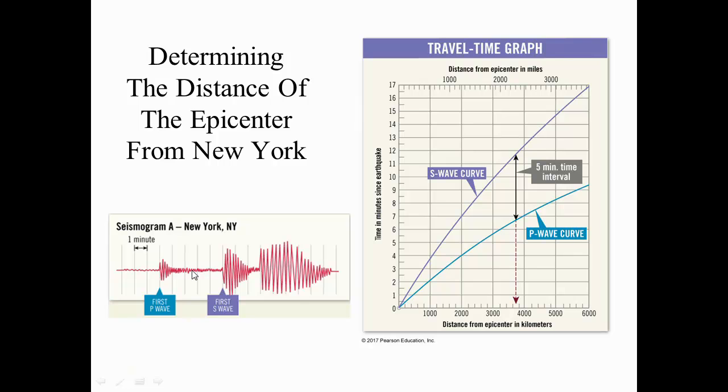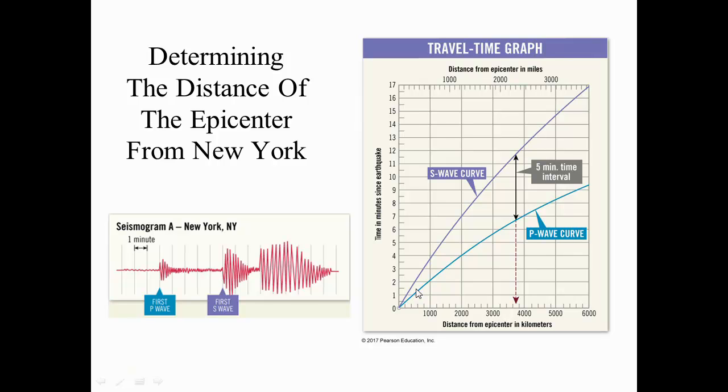And again, we can count off these intervals marked off by these vertical lines to measure the time between those two arrivals. So we have 1 minute, 2 minutes, 3 minutes, 4 minutes. So there's about a 5-minute time interval between the first P wave arrival and the first S wave arrival.